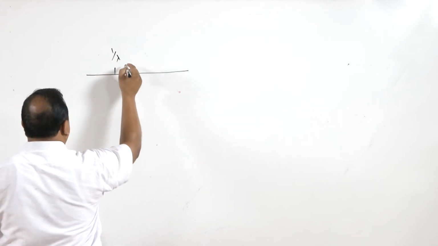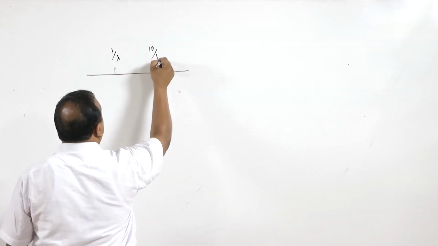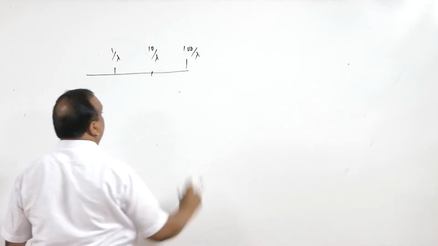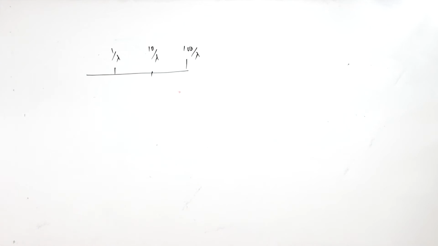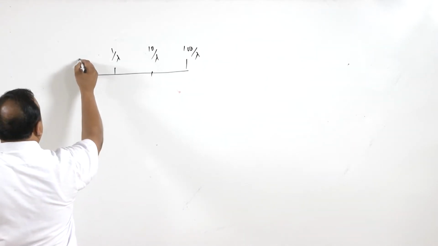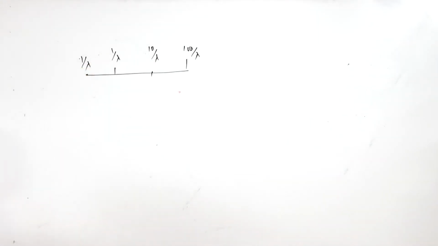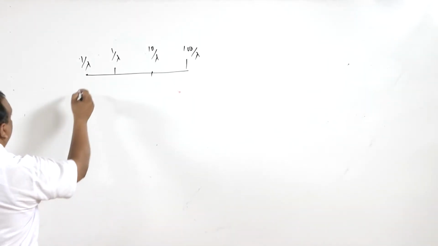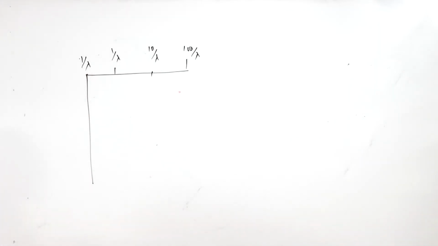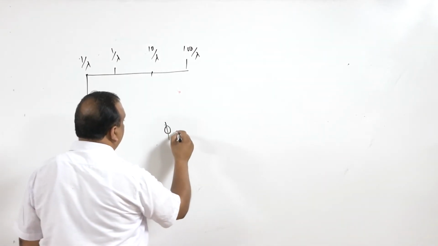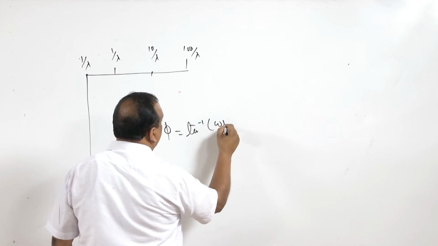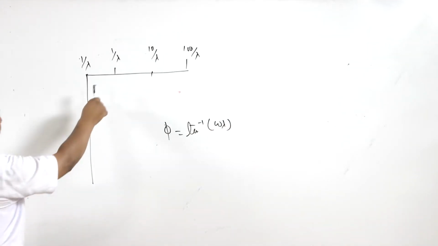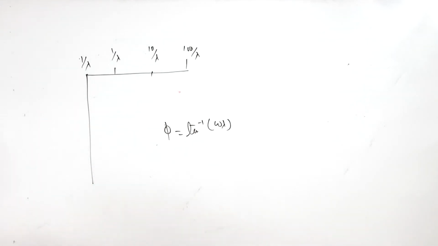For the phase angle, it is 1 by lambda, this is again 10 by lambda, and this is 100 by lambda on an x-axis, and this is a linear scale, and this is of course starting from 0.1 by lambda. Vertical scale is phase lag, and simply because phi is tan inverse omega lambda. So, just by putting different values of omega lambda, we can get the different values.